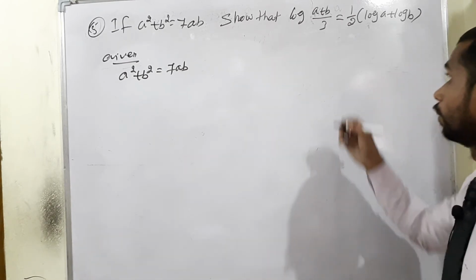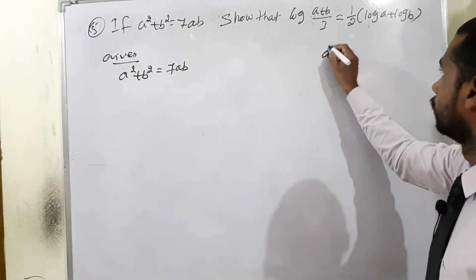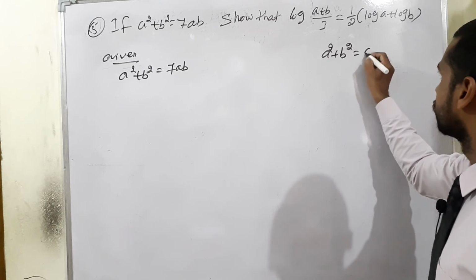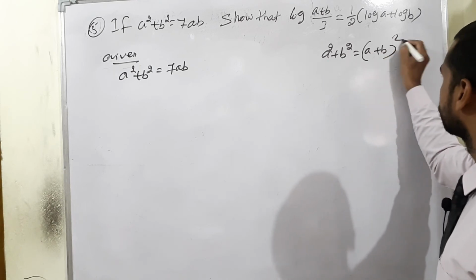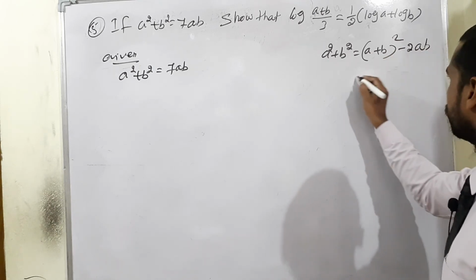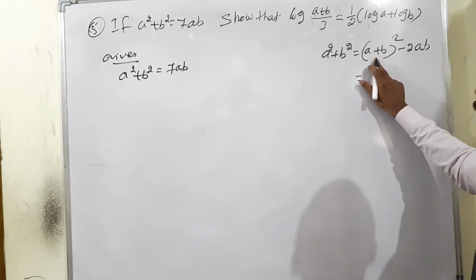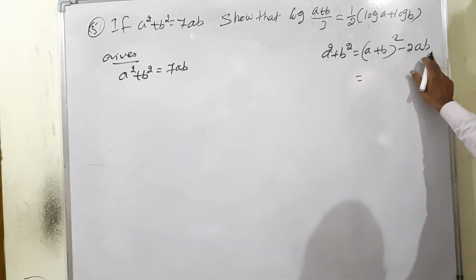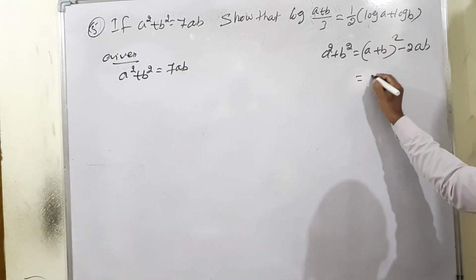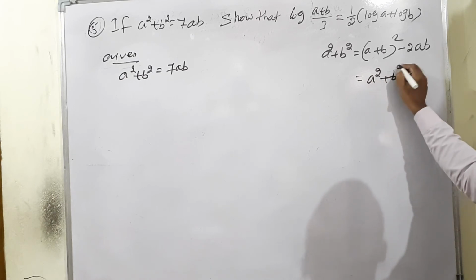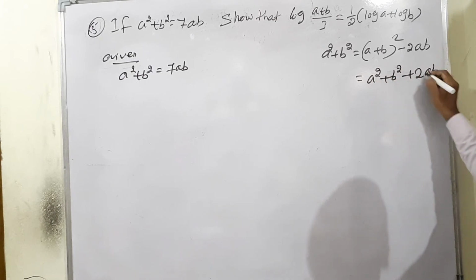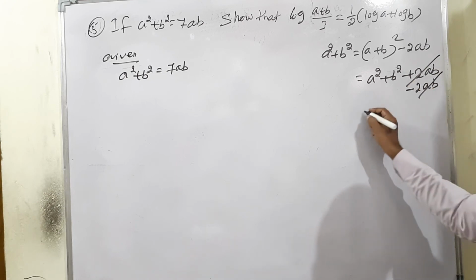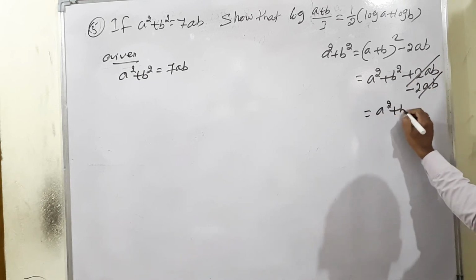So one algebra formula: a square plus b square is equal to (a plus b) the whole square minus 2ab. How? (a plus b) the whole square means a square plus b square plus 2ab. Additionally I have written minus 2ab, so plus 2ab minus 2ab cancel, giving a square plus b square.